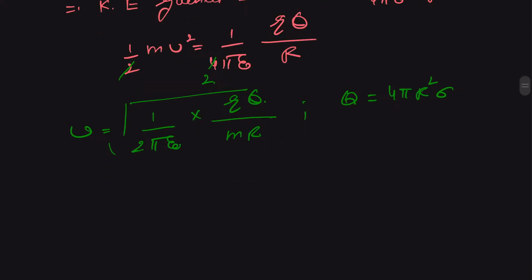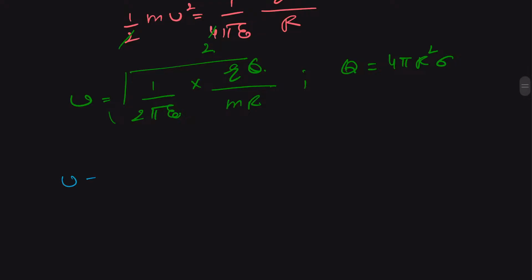So we can also substitute it. So this will be giving us the square root of 1 upon 2 pi epsilon naught Q upon MR times 4 pi R square and sigma.